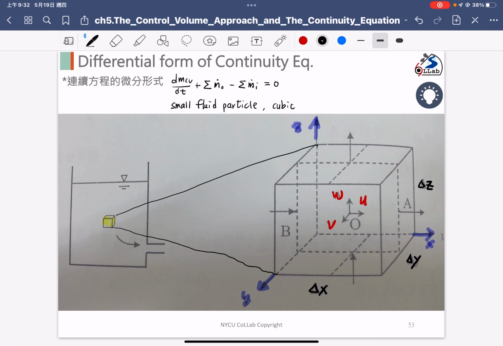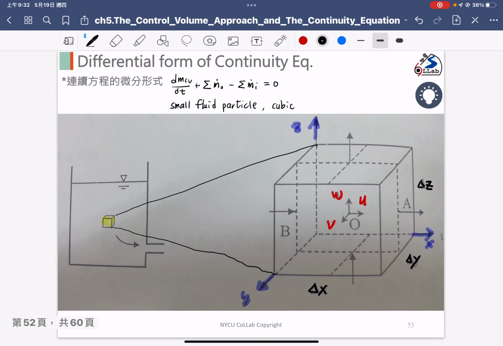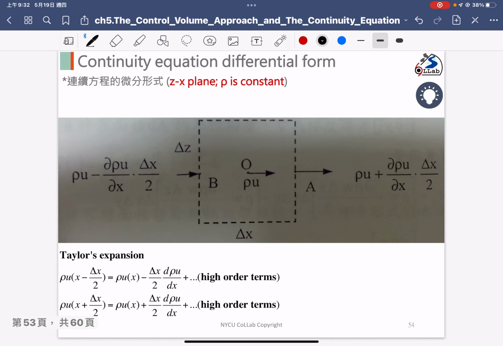Okay, so we only focus on the small cubic fluid particle, and we first focus on the problem in the z-x plane. We assume that the density is a constant value for this problem.